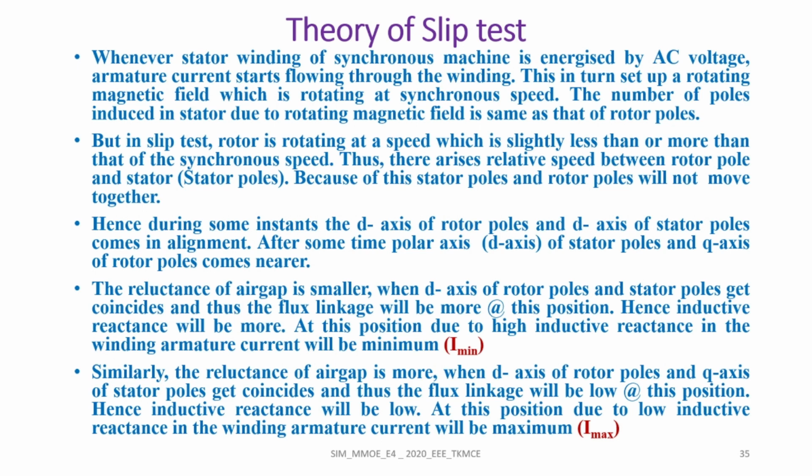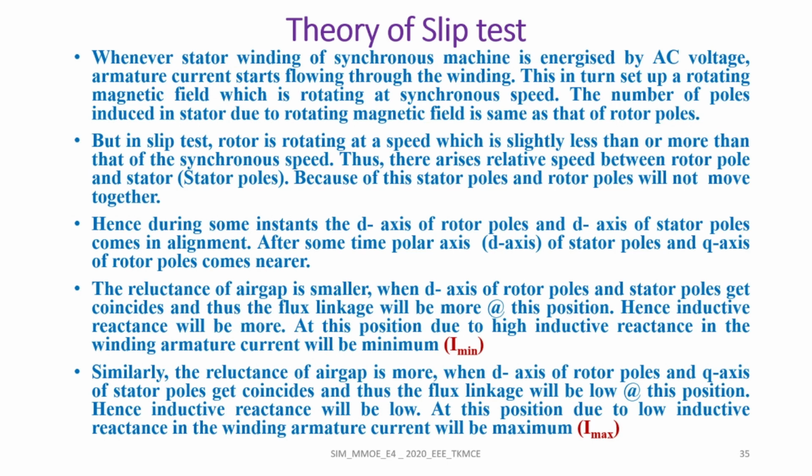Or in other words, in order to maintain constant flux under low air gap condition, current also needs to decrease. So current is minimum under this alignment between the direct axis of the rotor and the polar axis of the stator. So armature current will be minimum if there is an alignment between stator polar axis and rotor direct axis.